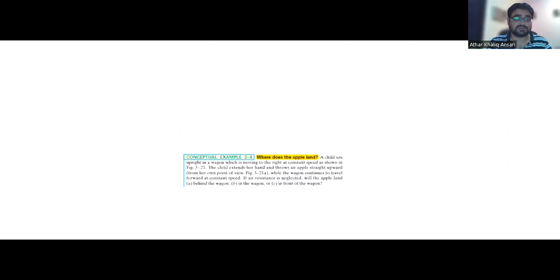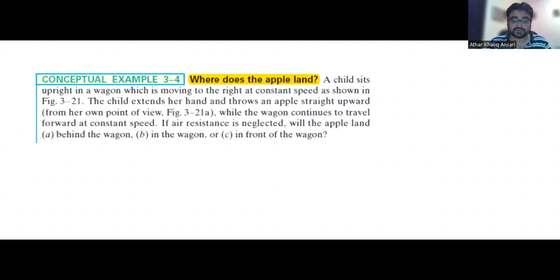Let me just paste it first, then this is the question, and I will make it readable for you. Now there is the diagram that I need to mention here. In this figure, you can see the two positions during this question. This is a very, very interesting question.